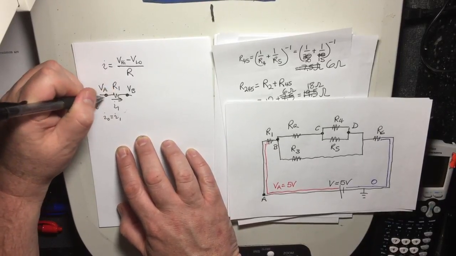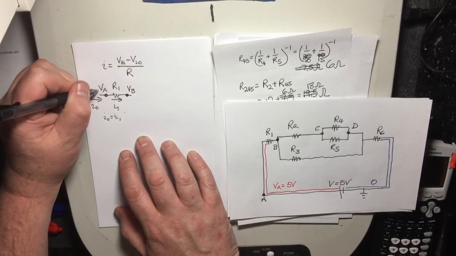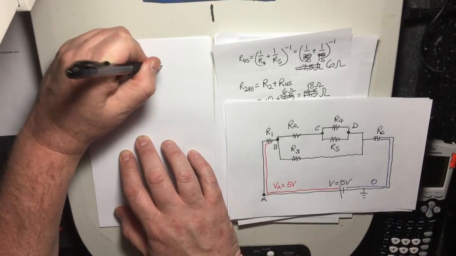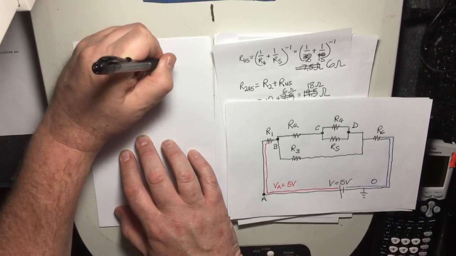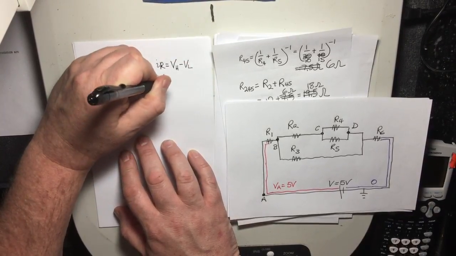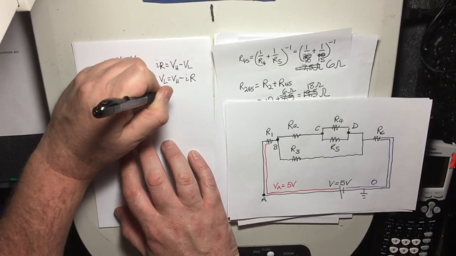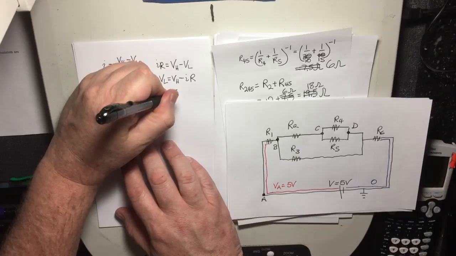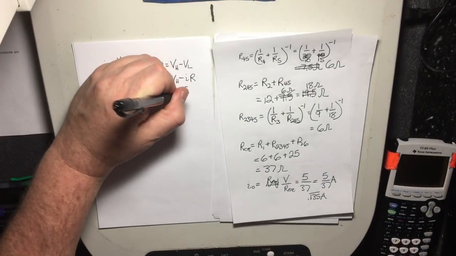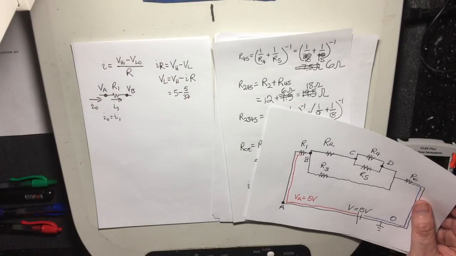That means we know the current flowing through R1, we know R1 itself, we know VA or the high, so IR equals V high minus V low, so V low is equal to V high minus IR. V high is 5, I is 5/37, R1 is 6.